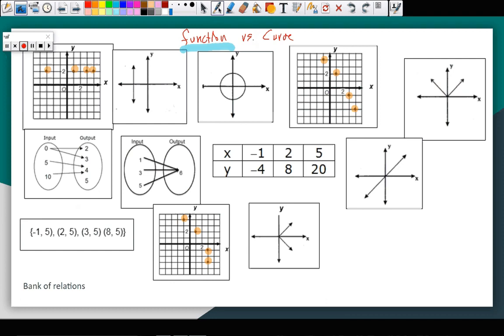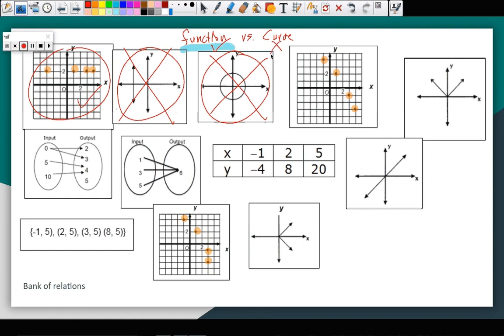So this one right here, is it a function or a curve? It's a function because it passes the vertical line test. So this one's good. Is this a function? No, because it fails the vertical line test. How about this? It's a curve. It fails the vertical line test. So we'll say the checks are functions, the x's are curves.